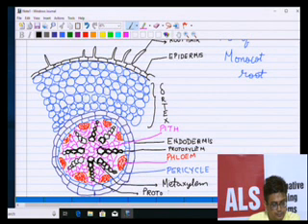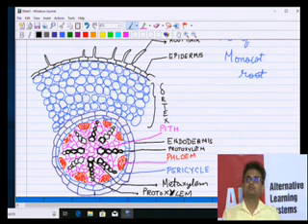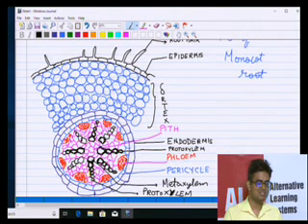Protoxylem. Okay. So my diagram is complete now. Okay, it's up to you now to draw it quickly. Many people are not happy, I believe. This is the transverse section of monocot root.